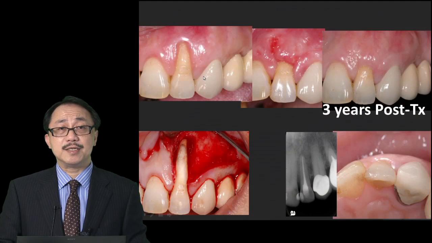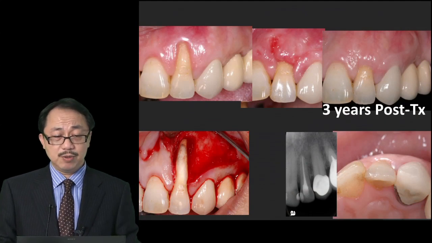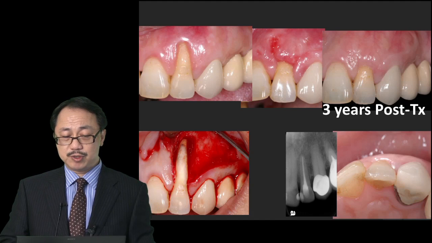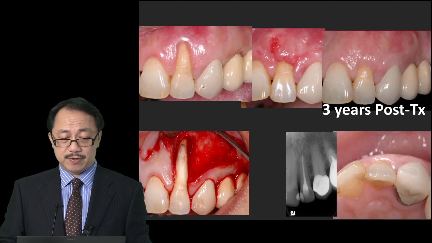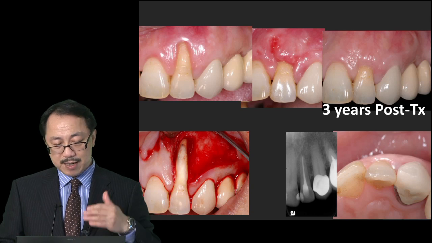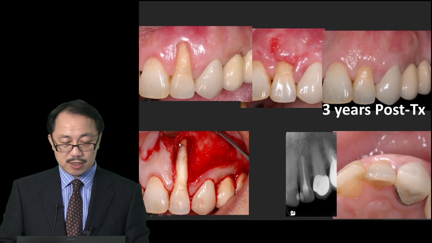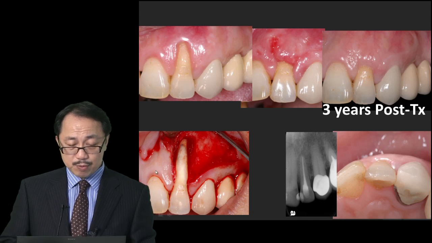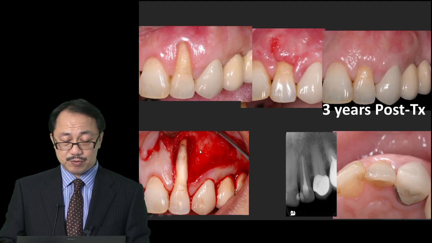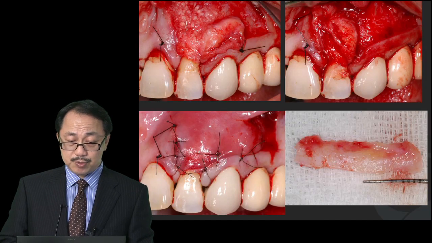This is another case that was performed with pretty much the same technique, utilizing 1 vertical to the distal aspect of the site and leaving the medial aspect intact. We were able to perform apical surgery to remove the darkened apical area, as well as amnion and bone graft and connective tissue graft to cover the denuded root surfaces.